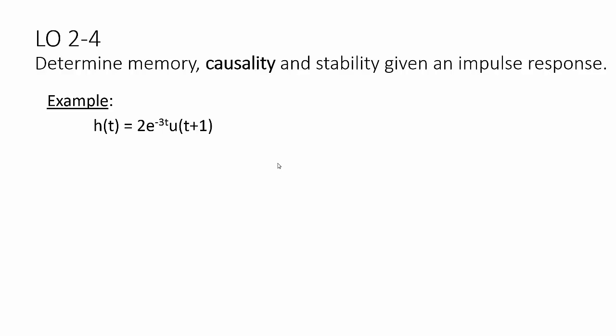Another example, h of t is 2e to the negative 3t u of t plus 1. Here's what it looks like. Is this system causal? Look at our time prior to 0. Do we have anything that's non-zero there?